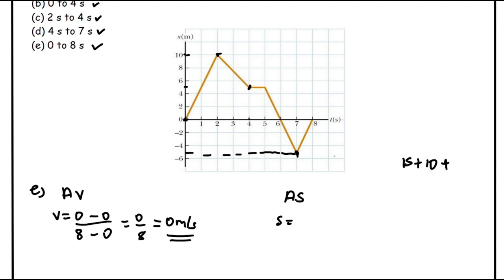And lastly, he moved from negative 5 up to 0, which is positive 5, because speed is a scalar quantity. It only has magnitude. So 15 plus 10 is 25, plus 5 is 30. This gives us a total distance of 30 meters divided by the time interval, 8 minus 0. So this gives us 30 over 8, which is 3.75 meters per second.